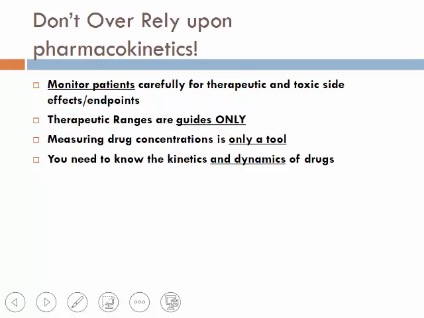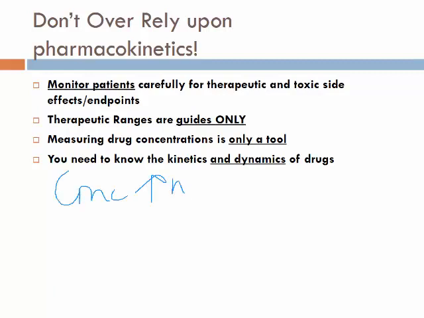One of the things we have trouble with is that we tend to over-rely on pharmacokinetics. So when we monitor a patient and we see that maybe the concentration that we're monitoring is too high, we may freak out and decrease the dose rate without thinking it through and asking, are we actually monitoring for therapeutic and toxic effects or endpoints?